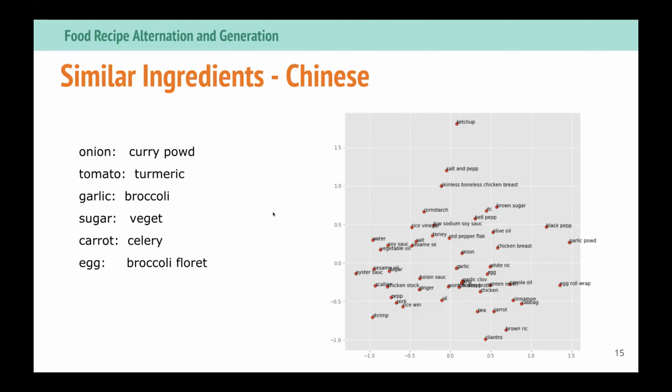It may not be so accurate or ground truth, but it provides some inspiration. Let's pay attention to the alternative for onion. In Chinese cuisine style, it could usually be replaced by curry powder. Based on that, we may be able to conclude that Chinese cuisines often use onions as just condiments, but not a to-eat part.